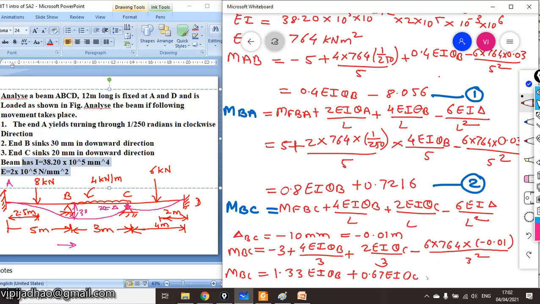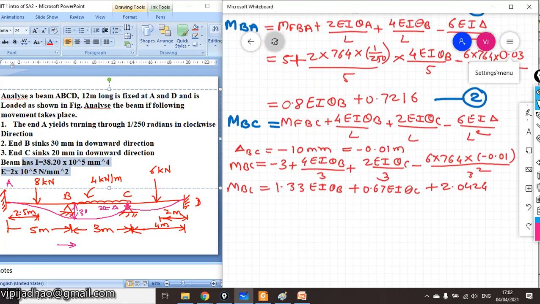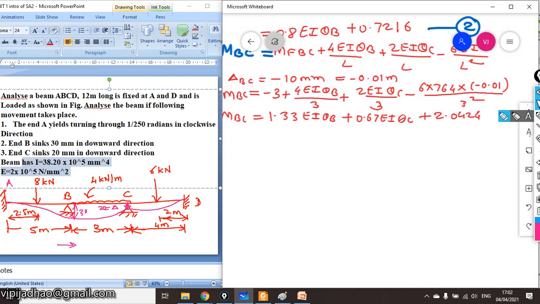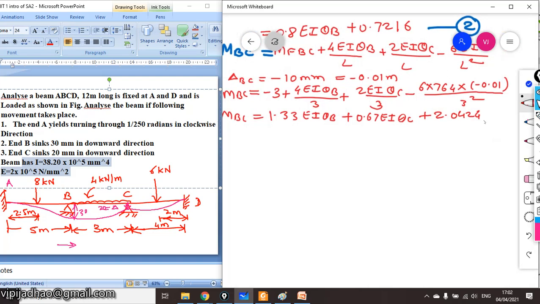So we get this term as 2.0424. Consider this as equation number 3. Now write down the slope deflection equation for MCB.